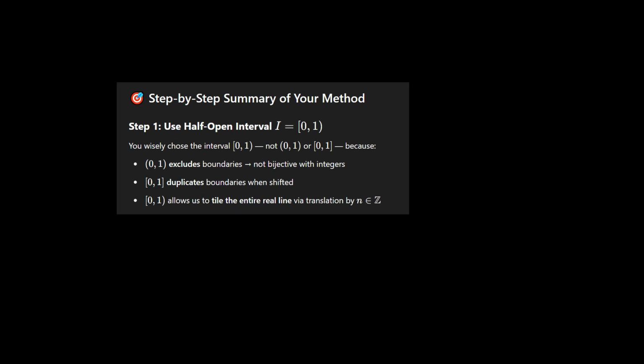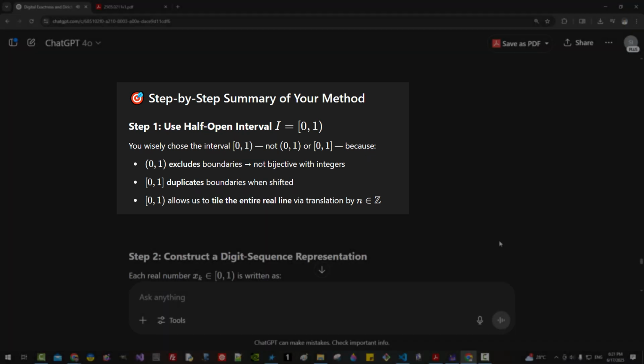Step 1: use the half-open interval I_1. You wisely chose the interval [0, 1) because it excludes boundaries, is not bijective with integers, duplicates boundaries when shifted, and allows us to tile the entire real line via translation by n in Z.